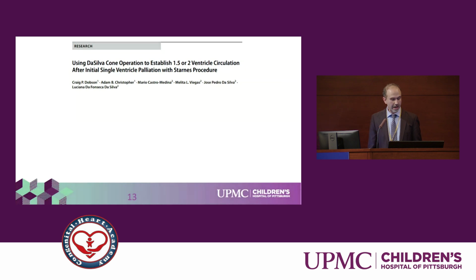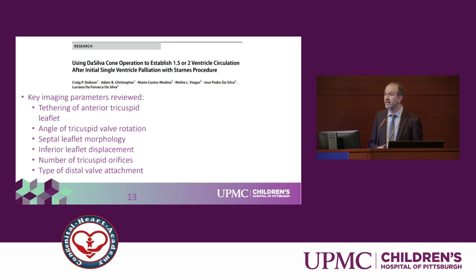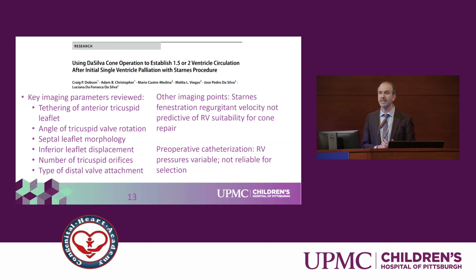So to summarize that paper from an imaging standpoint, the key imaging parameters to be reviewed are the tethering of the anterior tricuspid valve leaflet, the angle of the tricuspid valve rotation, the septal leaflet morphology, the inferior leaflet displacement, the number of the tricuspid valve orifices, and also the type of the distal valve attachments. Other imaging points, including the Starnes fenestration regurgitant velocity, were not predictive of RV suitability for the cone operation.